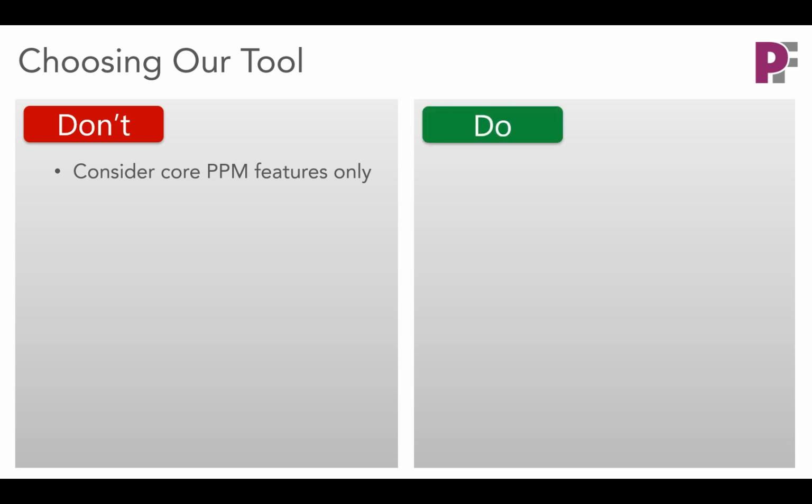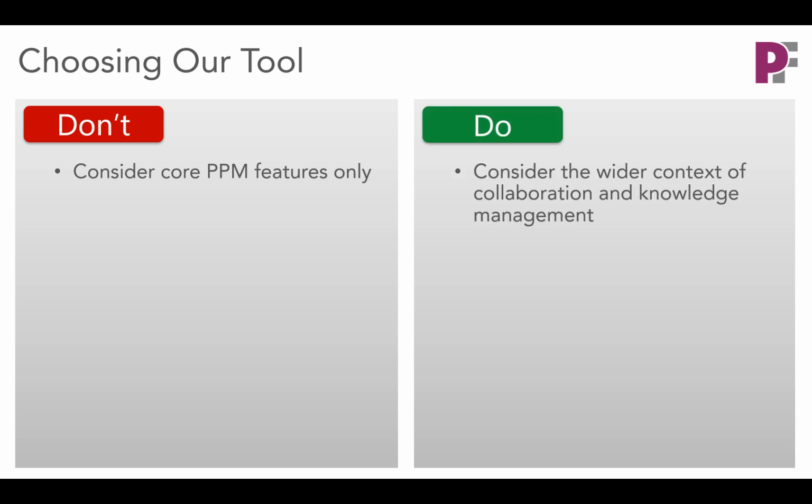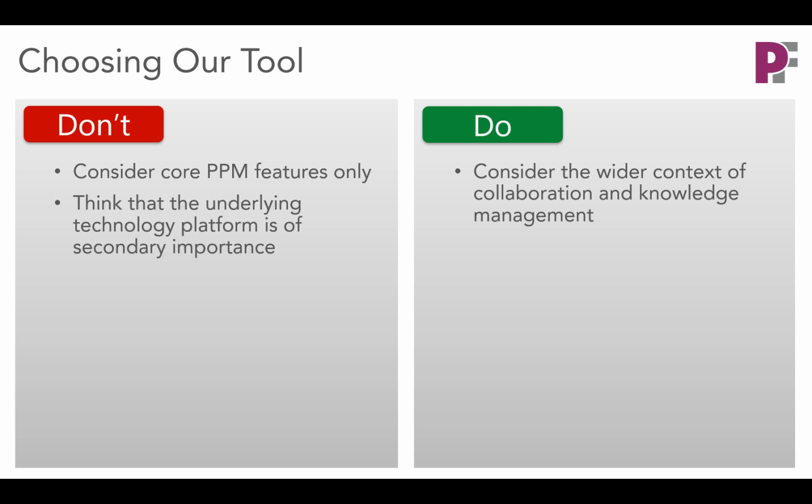But what you ought to consider really is the wider context of collaboration and knowledge management that is being offered by the tool that you're about to choose. Successful collaboration, studies have shown this again and again, is fundamentally important for successful projects. And then with that, there is a real need to inspect the platform that the tool is going to be deployed in. That is by no means of secondary importance.